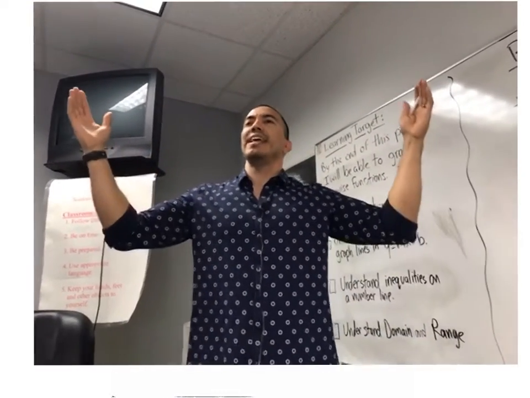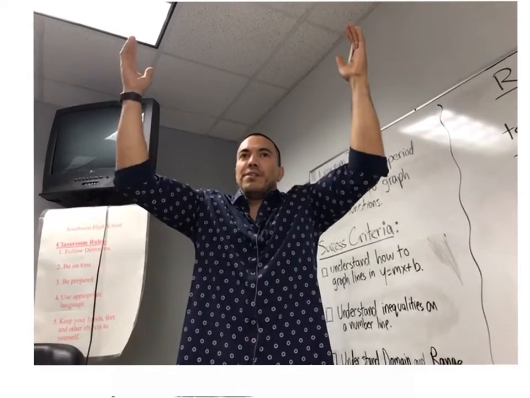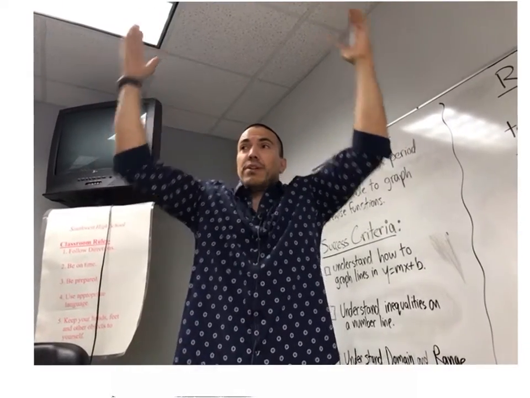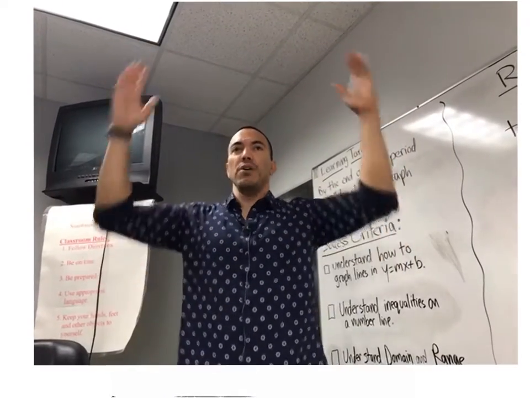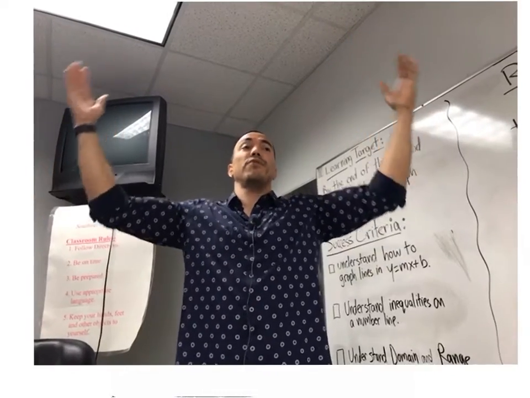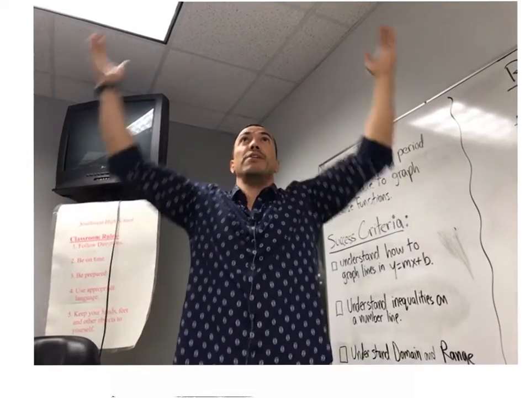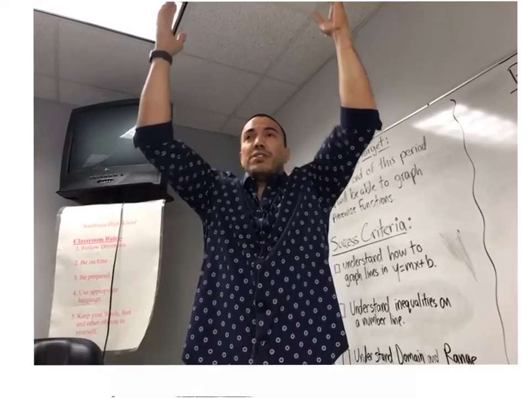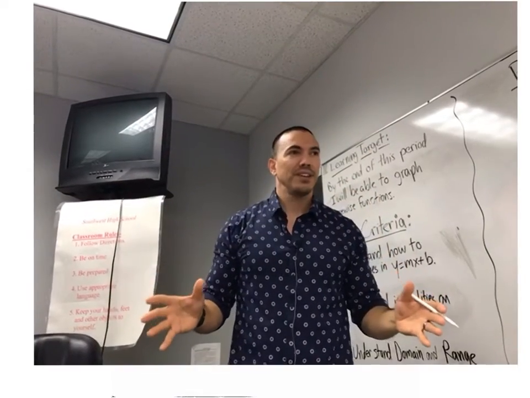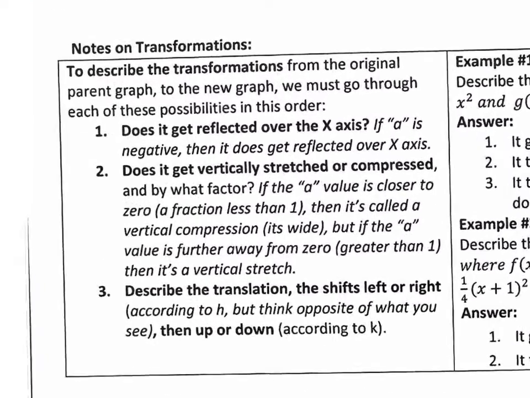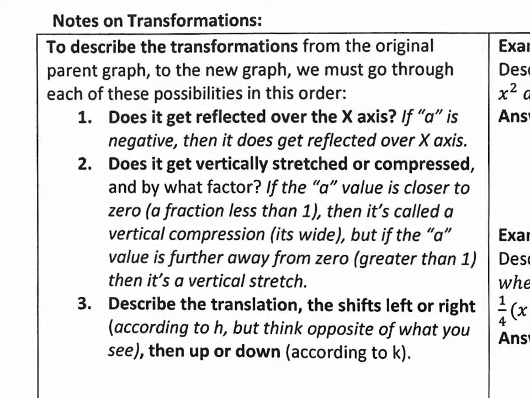It means that it gets vertically stretched, okay? Vertically stretched, vertically compressed. Instead of wider, we're going to say vertically compressed. Instead of narrower, we're going to say it gets vertically stretched. Does that make sense? Okay. Pause that.